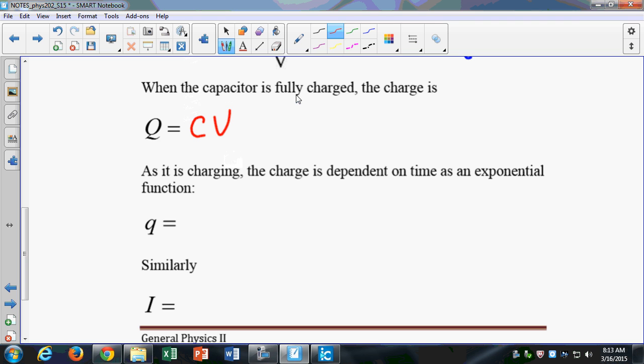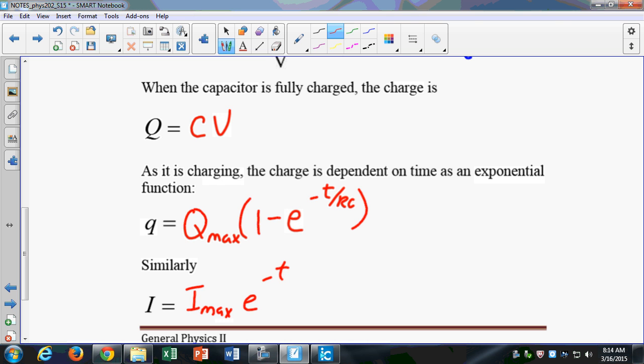Our charge is equal to our maximum charge times 1 minus e to the minus t over RC. Similarly, our current is our maximum current times e to the minus t over RC.